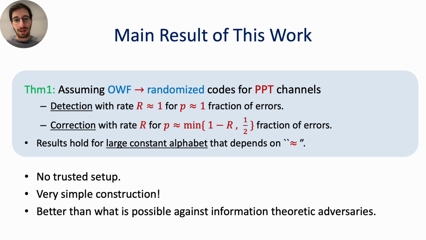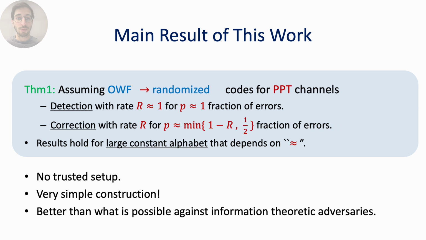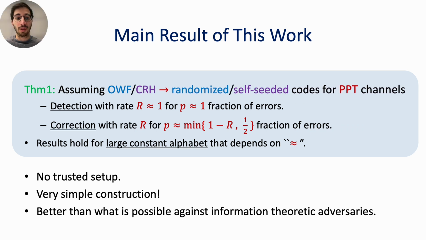And as we can see here, this is assuming one-way functions. We get the randomized codes, which is the weaker notion we discussed before. But if instead of assuming one-way functions, we assume collision resistant hash functions, then we get the stronger notion of self-seeded codes.